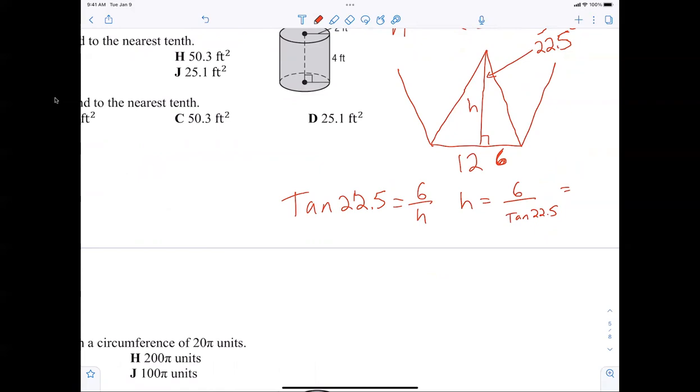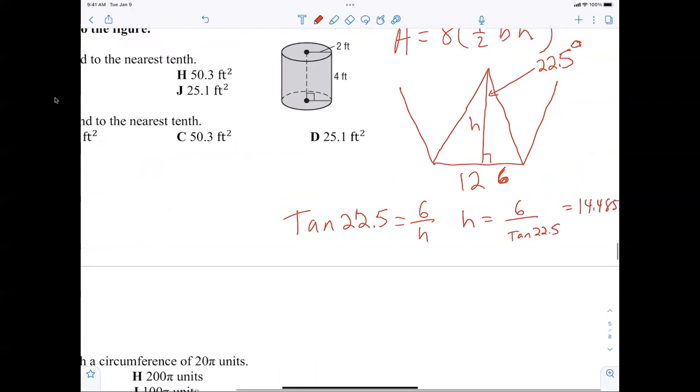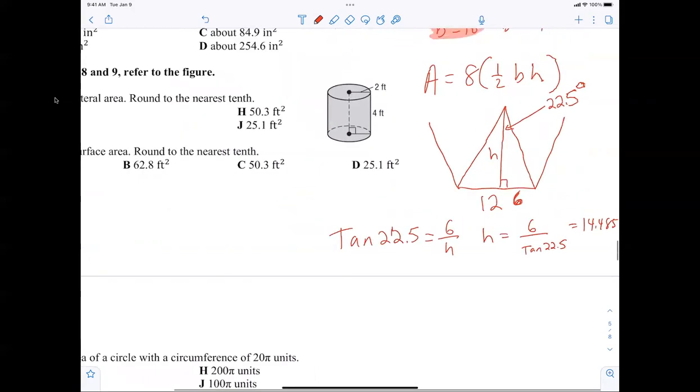How much? 14.485. Thank you so much. 14.485 is the height. Now we go back to our problem here. And so now I want everybody to type in their calculator 8 times 0.5 times 12 times the answer that's on your calculator. And what does that come up to be?